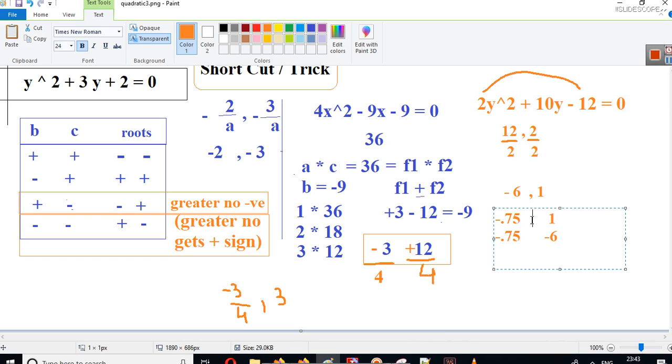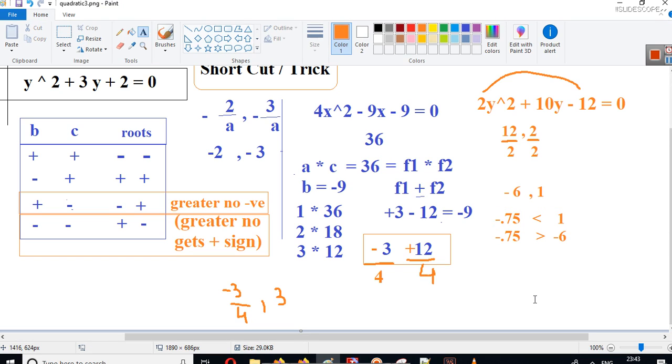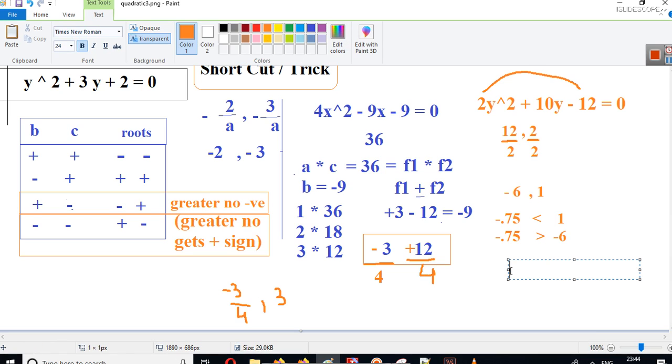In this case 1 is greater than minus 0.75 and here minus 0.75 is greater than minus 6. So you can see in one option we are getting a greater than sign, in one option we are getting a less than sign. So in such cases you don't have to calculate further, you can simply take no relation can be established.